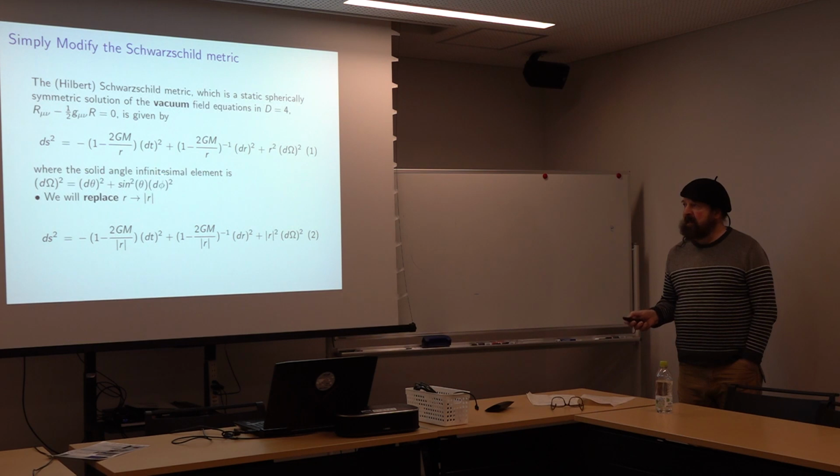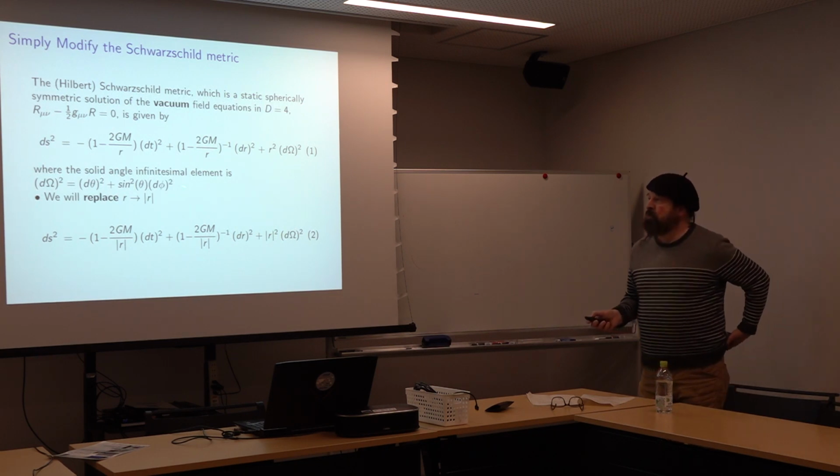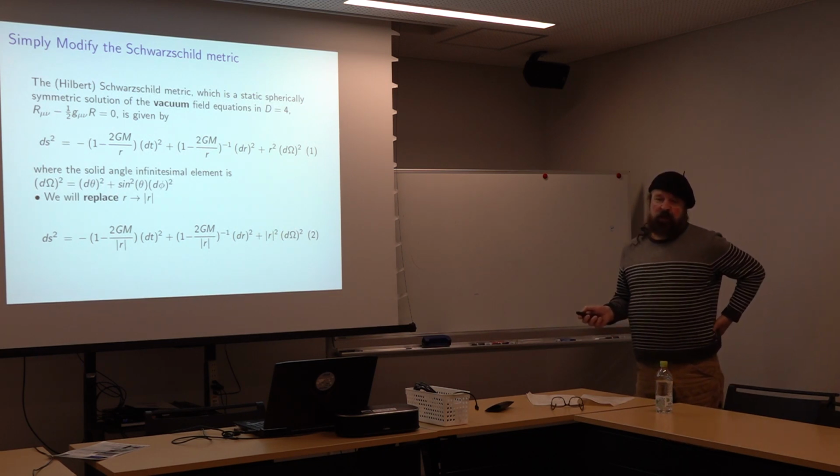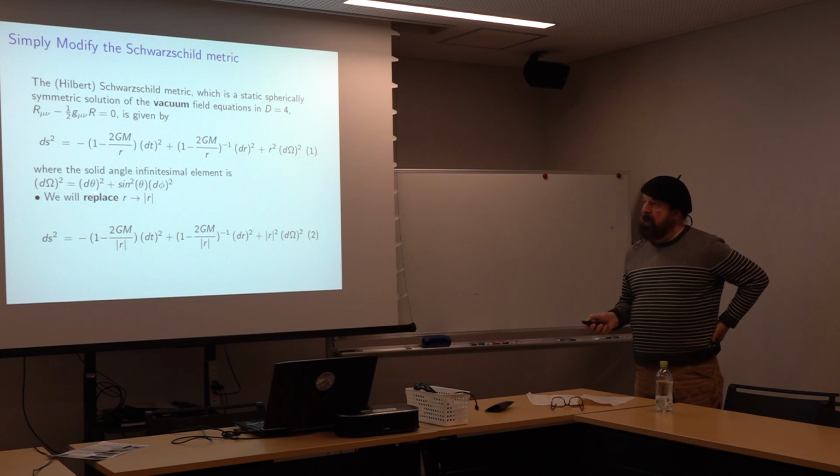One dimension is time, the other dimension is the radius, and you're going to have two angles associated with a sphere, a 2-dimensional sphere. So the infinitesimal solid angle squared is given in terms of the azimuthal angle and the theta angle by this formula.